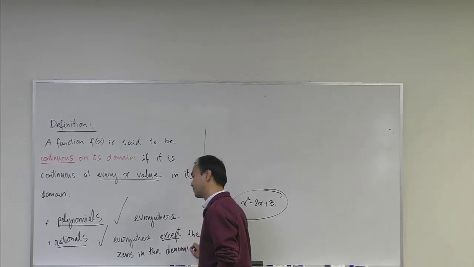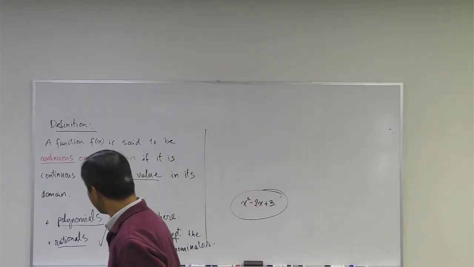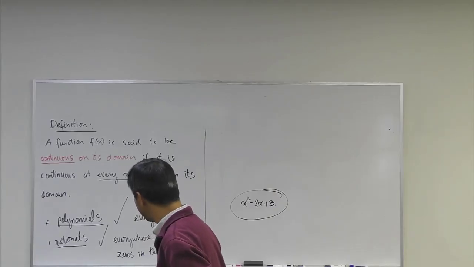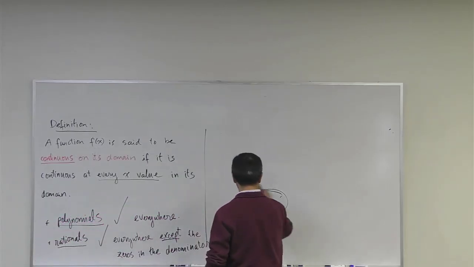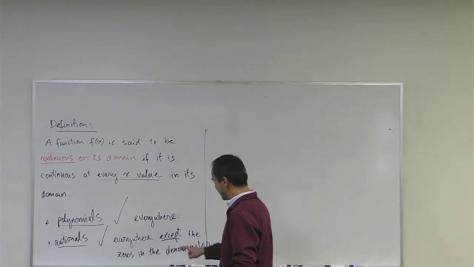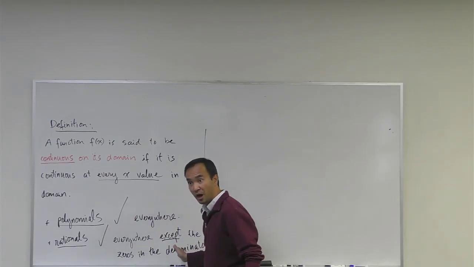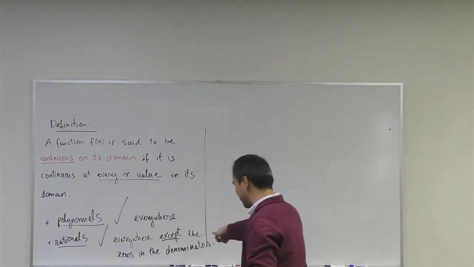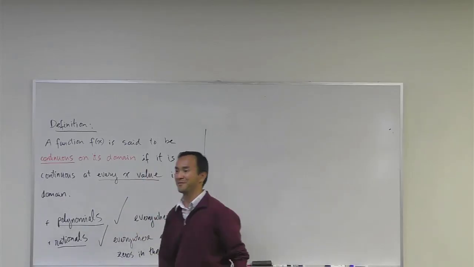Remember those? So the rationals are indeed continuous everywhere except the zeros in the denominator. That's just a little bit of a fancy way of saying it, but the truth is, for rationals, we always exclude those zeros in the denominator anyway, because the domain only concerns values except these. So that's why people can also say that rationals are continuous everywhere. See what I'm saying there?